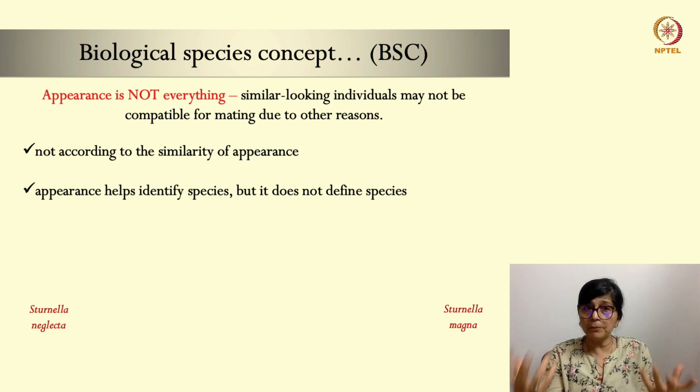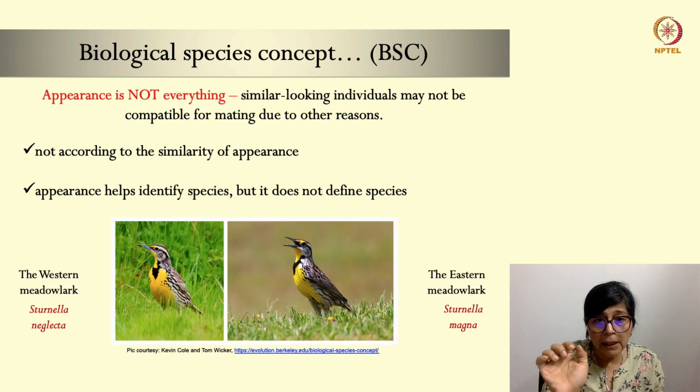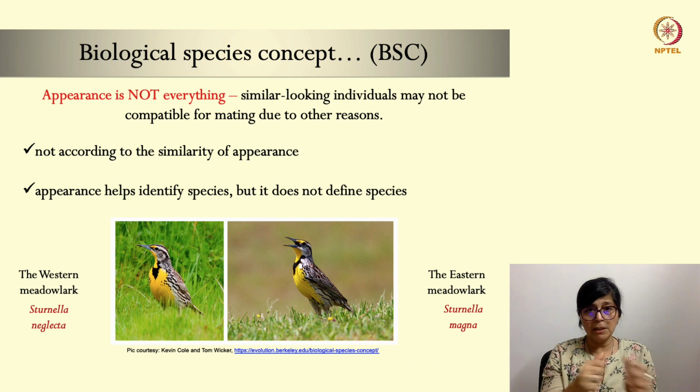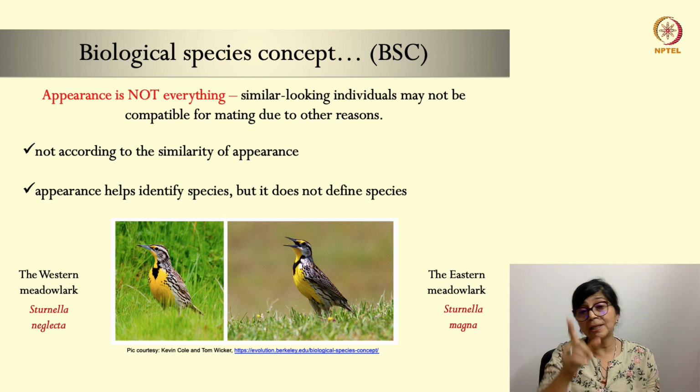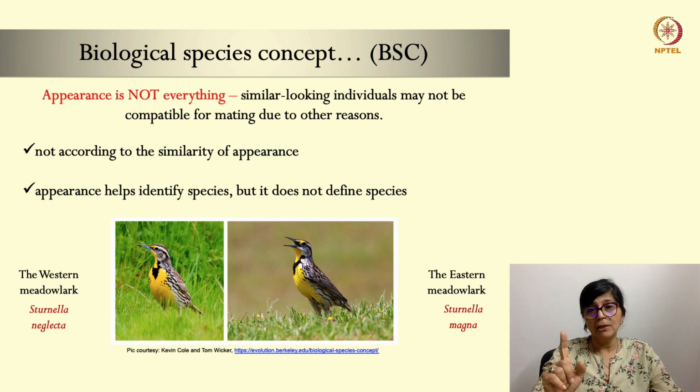But here it is just the opposite. These two bird species are very similar looking, but something is stopping them from interbreeding or mating in the areas where they come together. So this concept is not according to the similarity of appearance. Appearance helps to identify species, but is not everything to define a species. So let's see what actually happens.